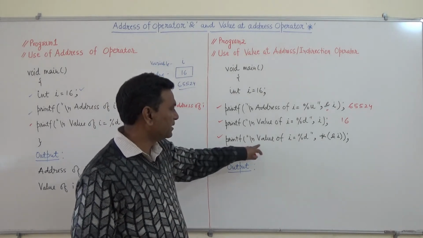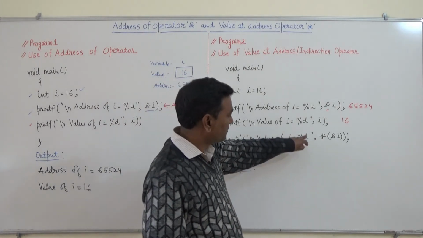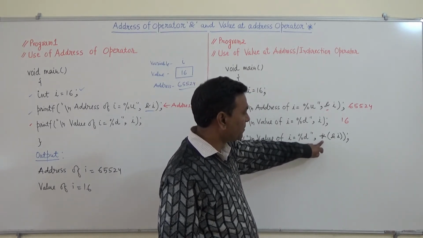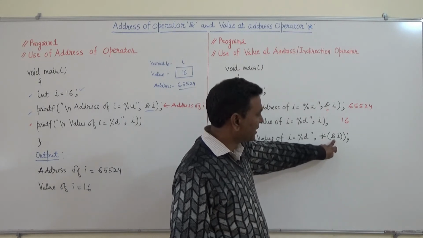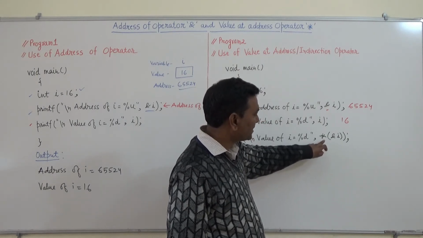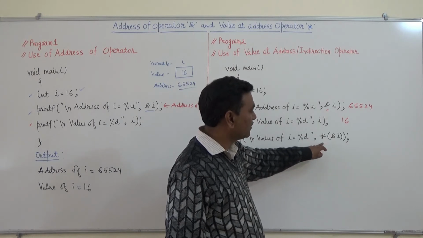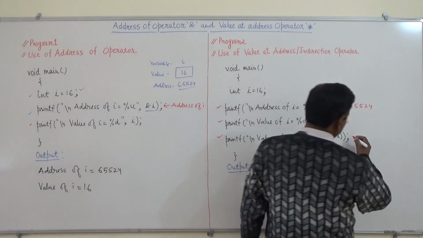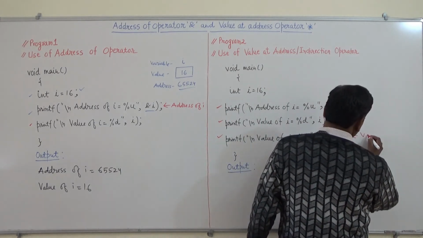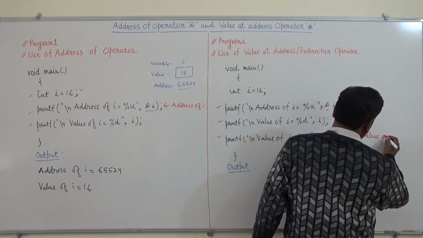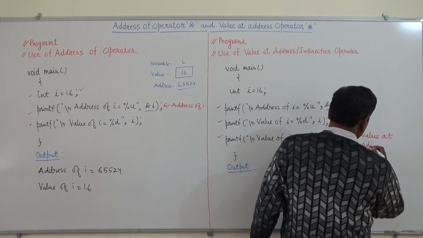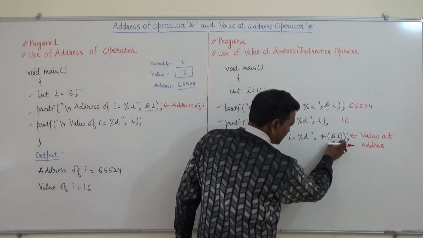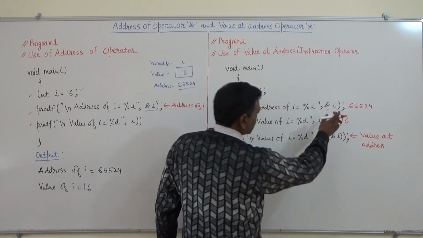Here we are writing value of I equals %d. Then here we are using the value at address operator along with the address of operator. This will give the value which is available at a particular address. It can be read as value at address, the address given within the bracket, and this address is 65524.